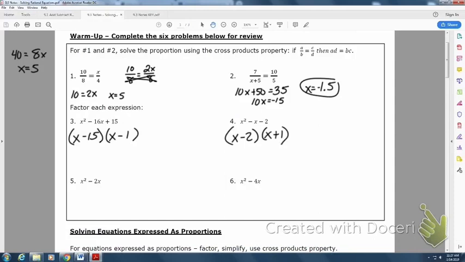Okay, coming down here to 5 and 6, which you saw examples of. You saw a similar thing on the skills check, and I had some people asking how to factor that. Or maybe that was first period, but either way. How do I factor both of those?